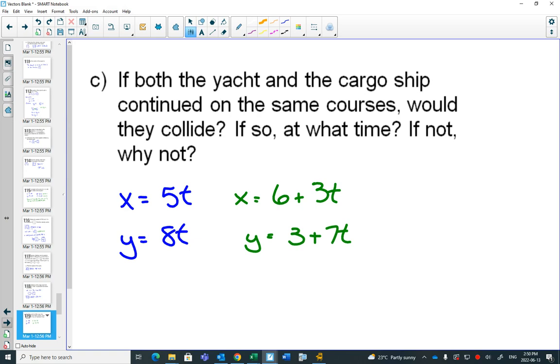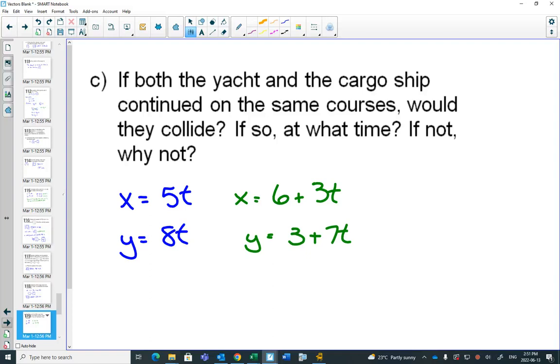One thing that's a little bit different compared to the questions we were doing before: when we were doing them before, we had two equations with two different parameters. The first equation had a t, the second equation had an s, because they're not necessarily on the same thing, and then you'd have a system of equations which you had to solve. But in an application question, the time is the same.